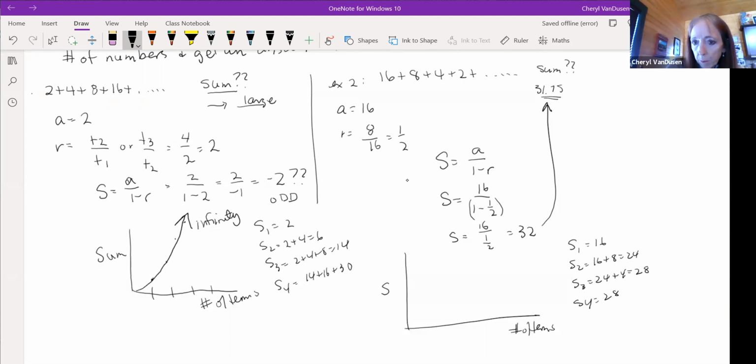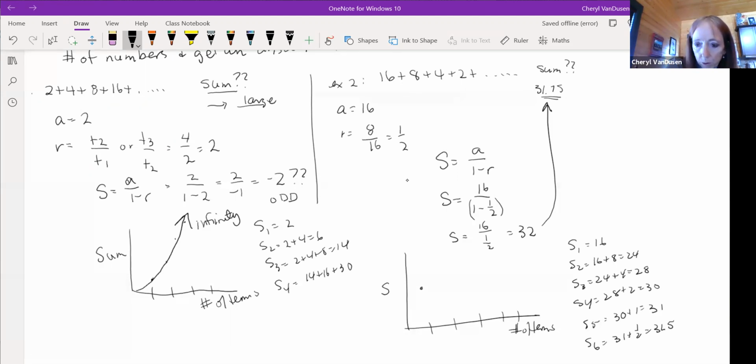S4 is 28 plus 2 is 30. If we go a little further, S5, we're going to add 1, so it's 30 plus 1 is 31. S6 is 31 plus a half, which is 31 and a half, because every time we're adding something smaller. You see that it starts out pretty high, like 16 is up here. Again, I'm not worried about how beautiful this is.